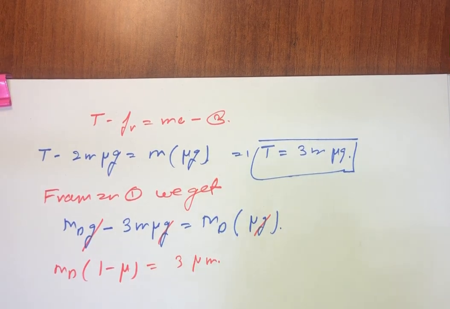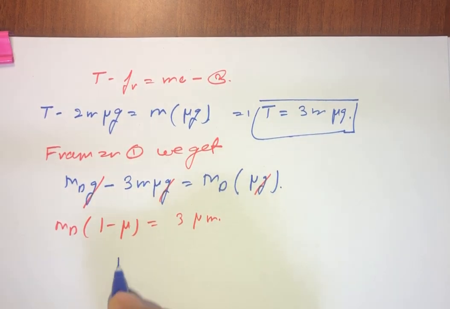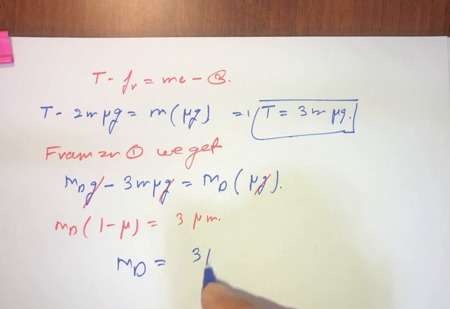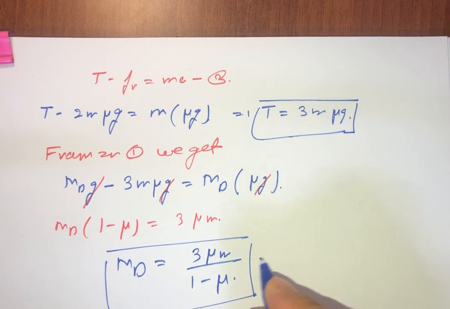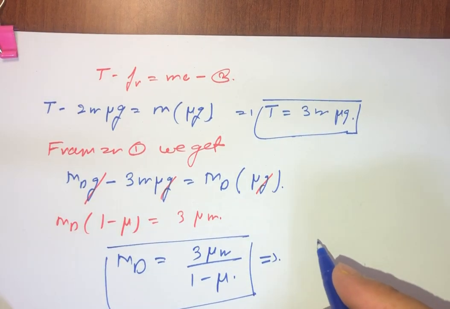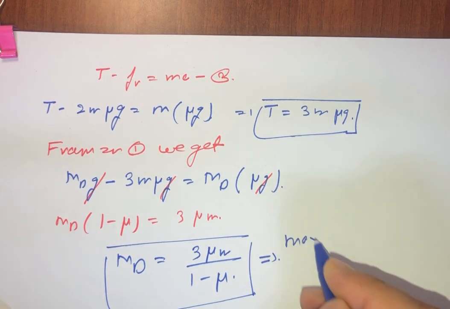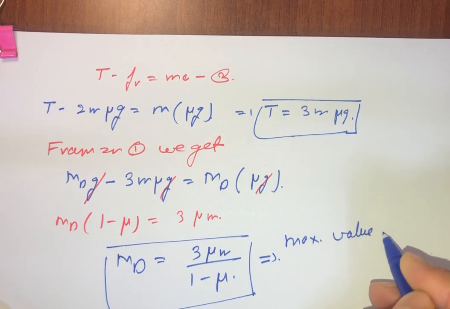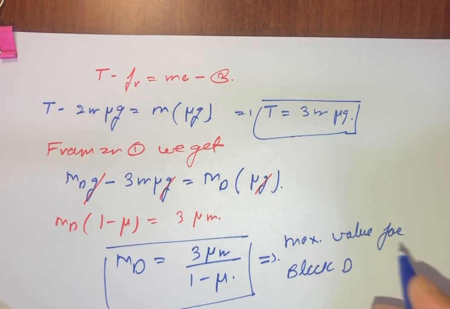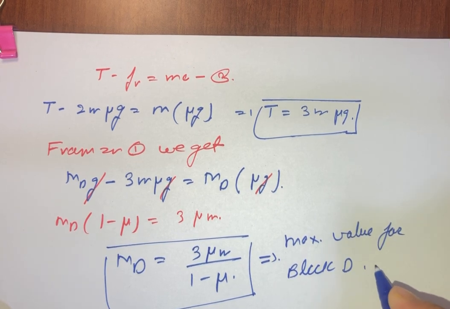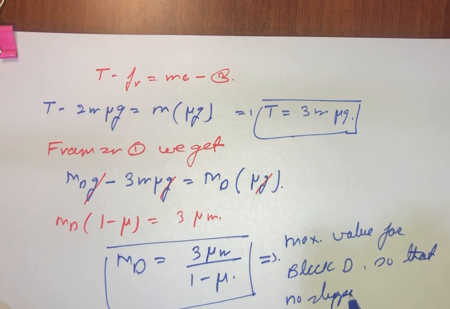So our value of mass MD is equal to 3 mu m upon (1 minus mu). So this is our maximum value for block D so that there is no slipping between A, B and C.